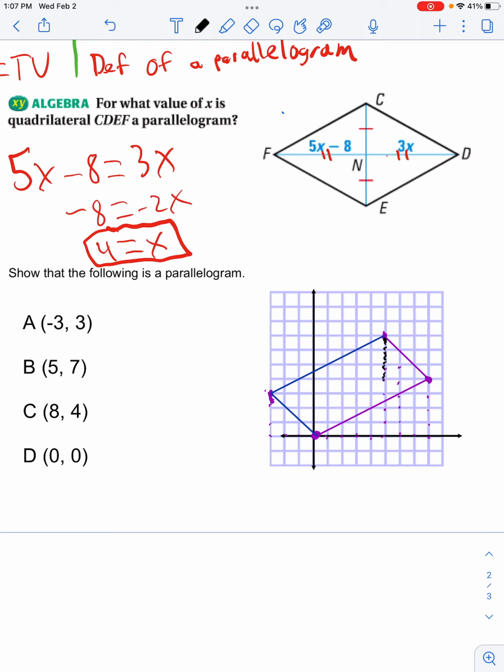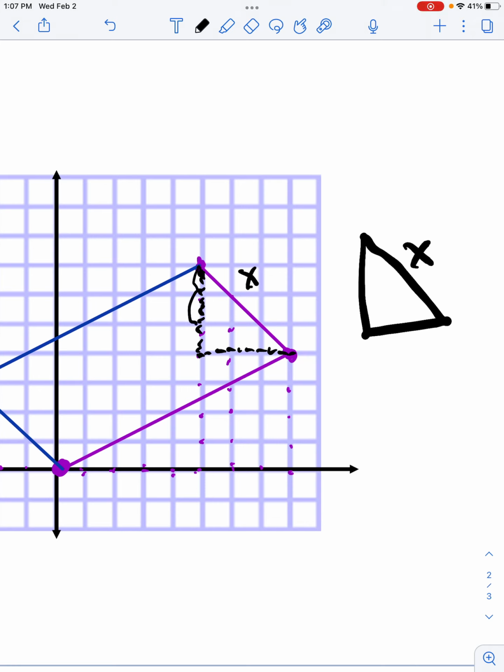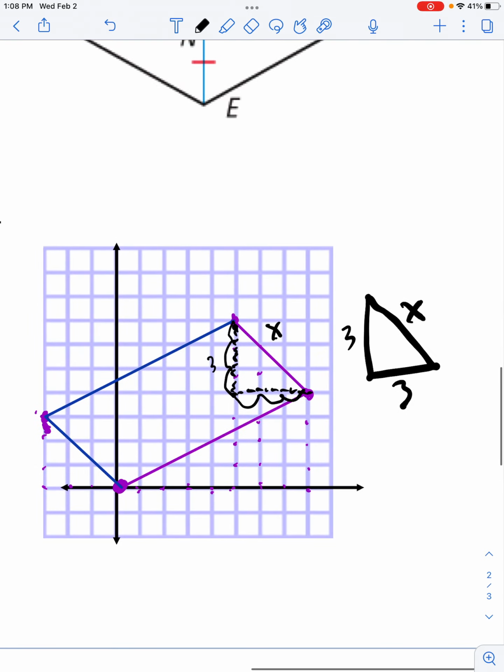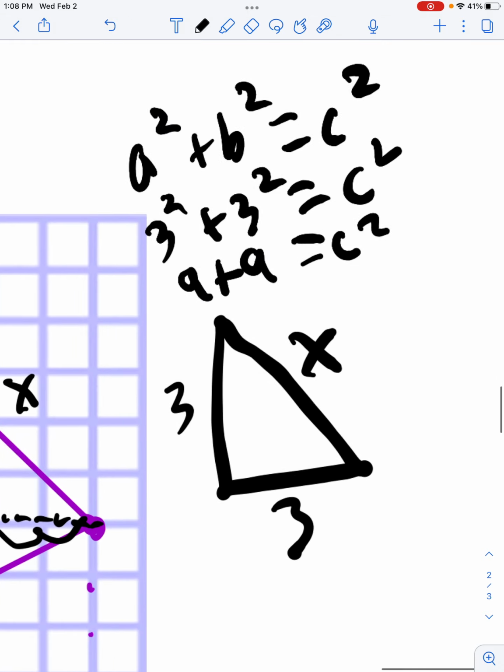So I'm going to draw in a triangle right here and figure out what my base and what my height are, and then how I can figure out x, because that's what I want to know. So if I draw this out here, that's what we're trying to figure out. If we count 1, 2, 3, we have a height of 3, and 1, 2, 3. So again, to find it, we do a squared plus b squared equals c squared. 9 plus 9 equals c squared. So c squared equals 18.